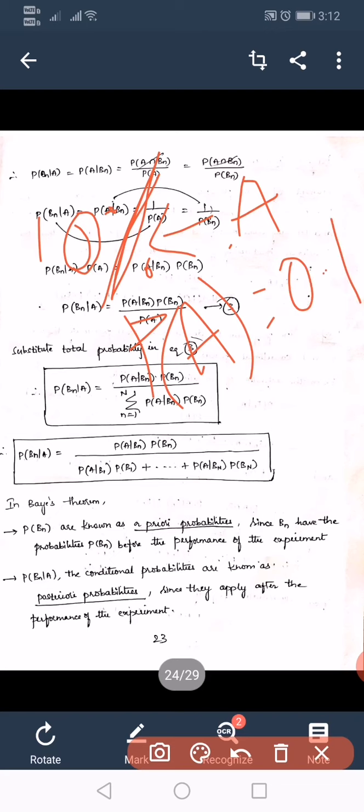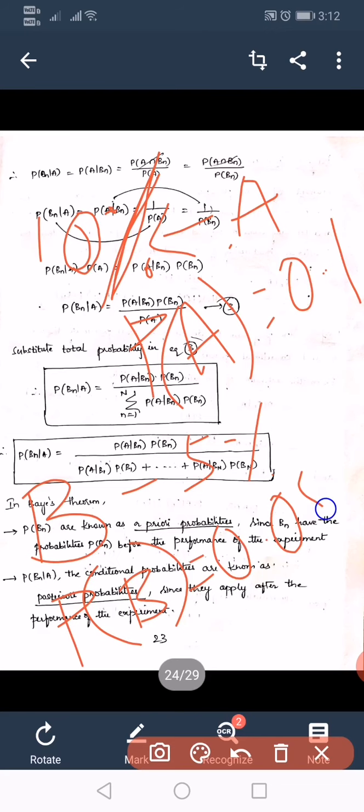Next, let us consider an event B. Event B means test is performed. After the test is performed, what they are saying is 5% of the patients are alcoholics. That means probability of B equal to 0.05.